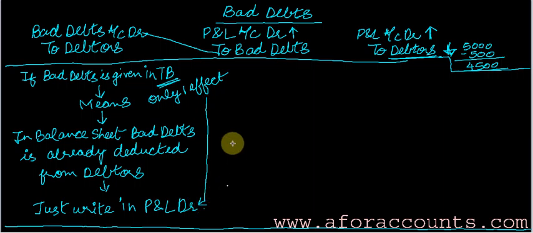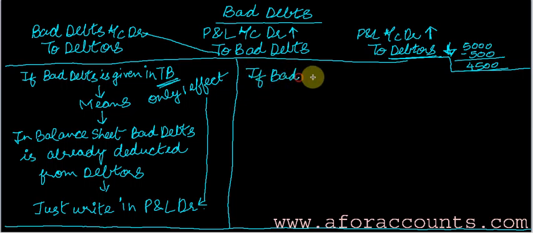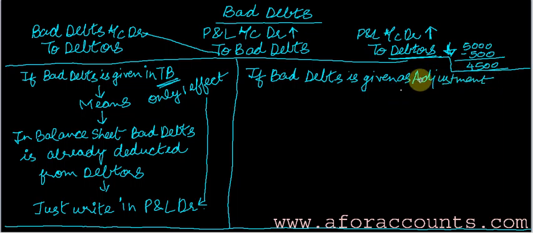When you do these entries, then you'll understand it much better. So if bad debts is given as an adjustment entry, then what will you do? As adjustment, as additional information. Below the trial balance, you are given additional information.